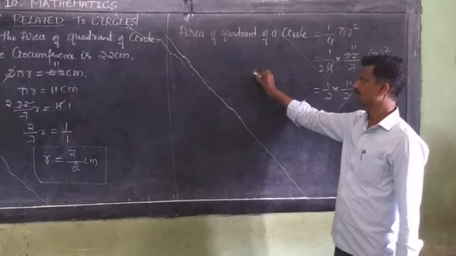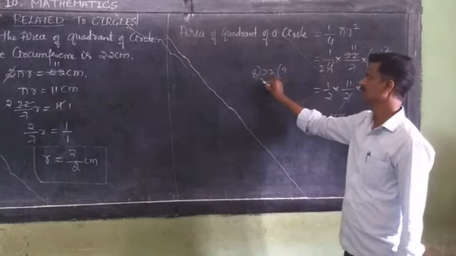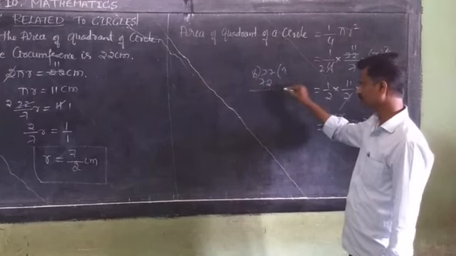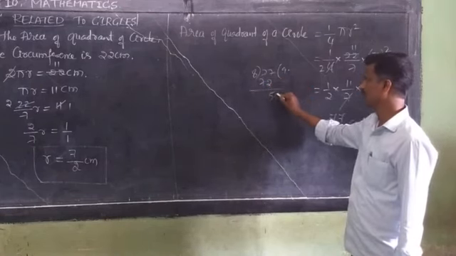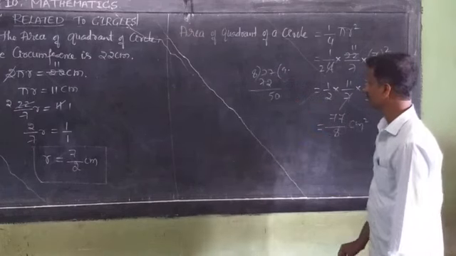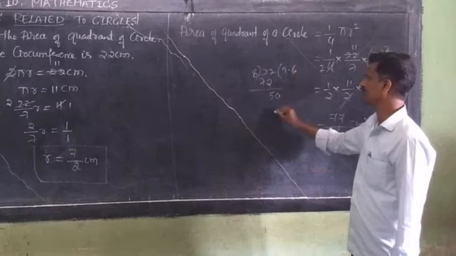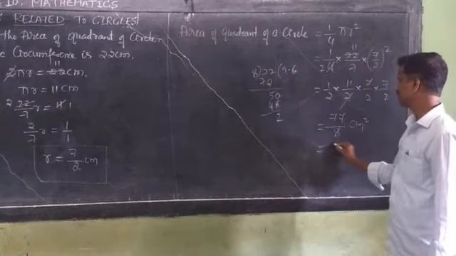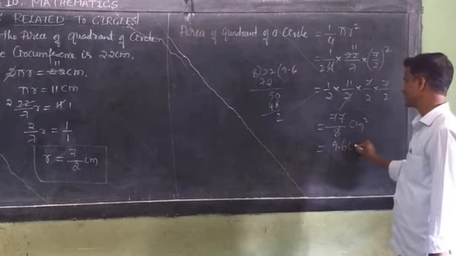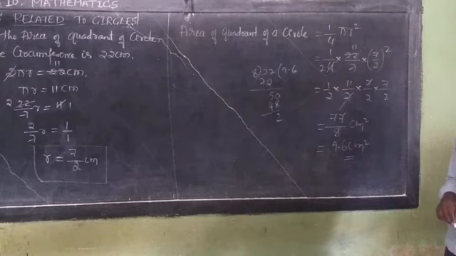To divide 77 by 8, 8 9s are 72. 77 minus 72 is 5. Then 8 6s are 48. This is approximately equal to 9.6 centimeter square.